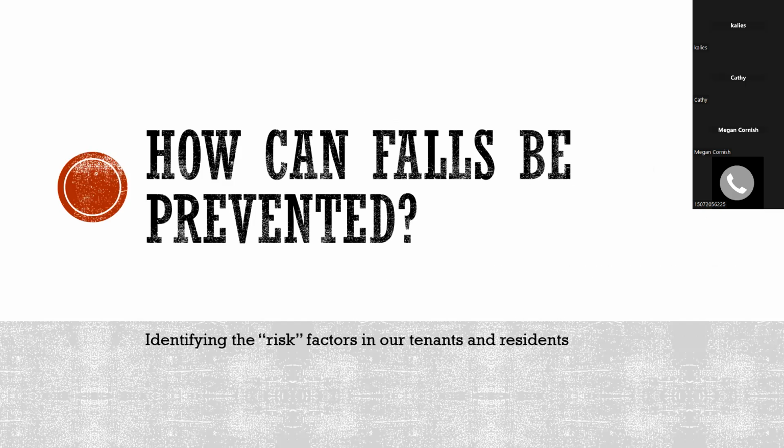So fall prevention. It seems like common sense. We can prevent falls by really targeting the modifiables in life. And with many adults, there's a lot of things we can do to decrease risk factors. There's some risk factors that we can't do anything about, but the good news is for the population that we work with, most falls can be prevented.